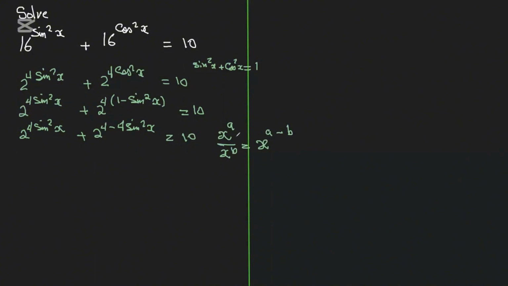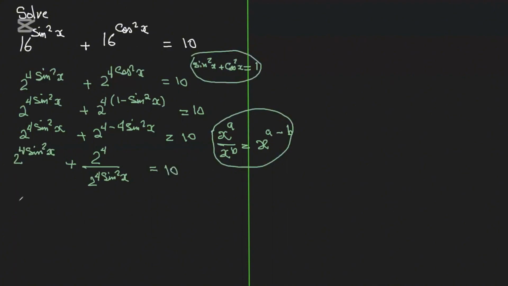So basically we're going to go backwards, go from here to here. And I'm going to have 2 to the power of 4 sine squared x plus 2 to the power of 4 over 2 to the power of 4 sine squared x equals 10.